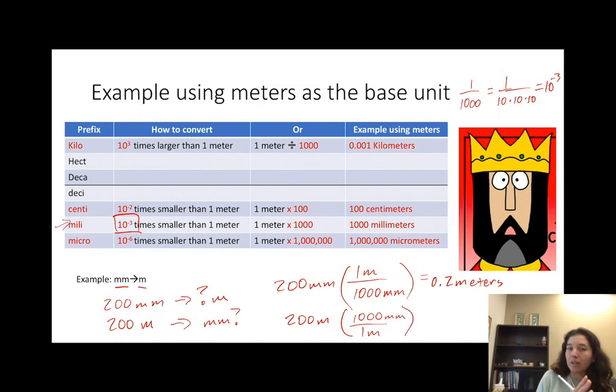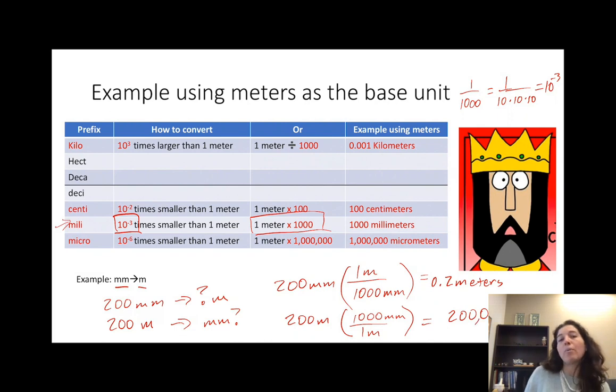Same conversion, but remember it's 1,000 times. A millimeter's 1,000 times smaller, so there's going to be 1,000 times more of it. So 1 meter times 1,000 here. And that gives us a much bigger number, 200,000. That's what we're looking at there, millimeters.